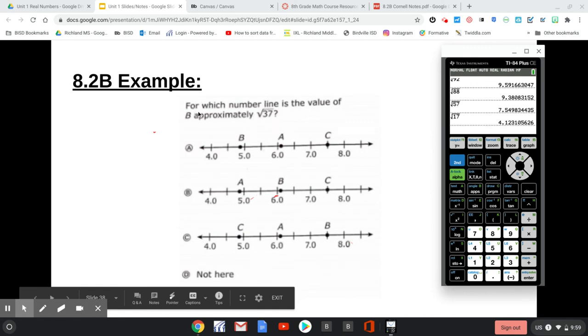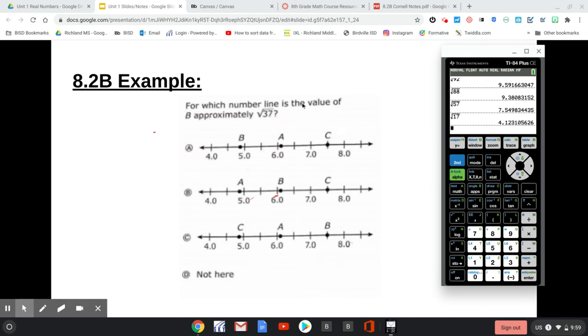For which number line has the value of B approximately the square root of 37? Second square root 37, enter. 6.08. We're looking for B, so 6.08. Your answer is B.